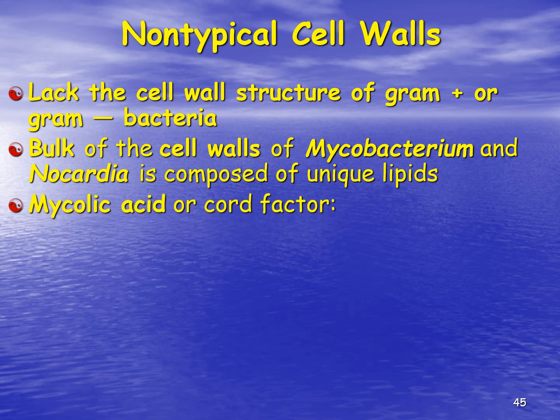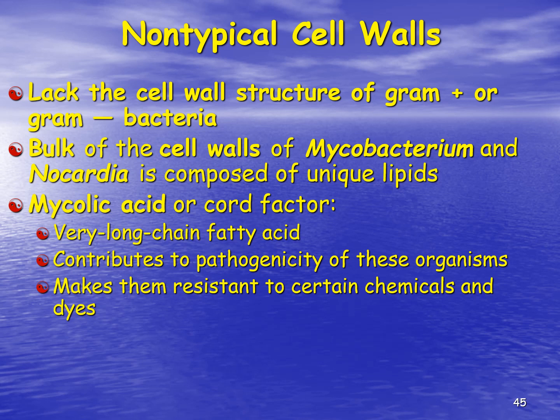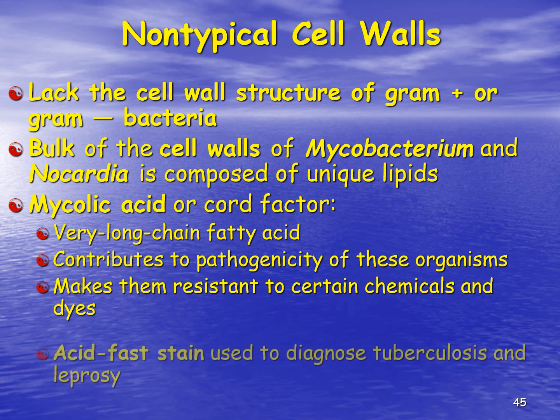But what they do possess is something else, and that is called mycolic acid or cord factor. This is a very long chain fatty acid, and it contributes to the overall pathogenicity of both of these genera of microorganisms. It makes them very resistant to certain chemicals and dyes.